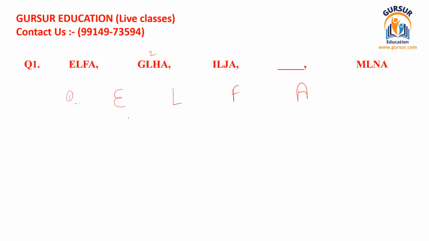This is G, then L, then H, then A. Then the third one is ILJA, written just below the second. This is I, L, J, then A, and the fourth one is missing. We have to find this, and after that there is the fifth one. This is M, then L, N, E.